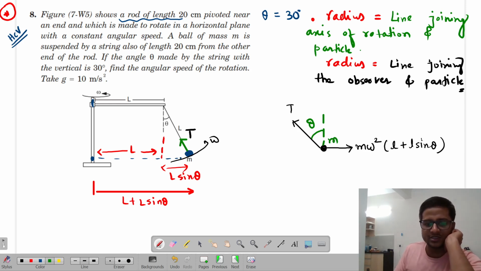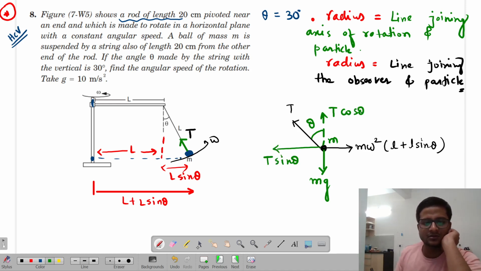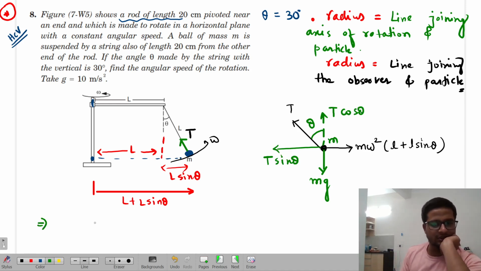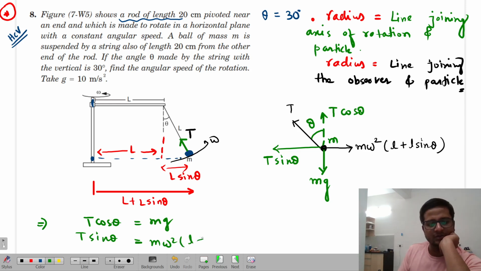If this is above of mass m, so this will be what? mg नीचे, है कि नहीं? तो टेंशन के दो कंपोनेंट t cos theta, t sin theta, वर्टिकल है ना, ठीक। तो अपन लिख सकते हैं ना t cos theta is equal to mg and t sin theta is equal to m omega square L, sorry, m omega square L plus L sin theta, right or not?